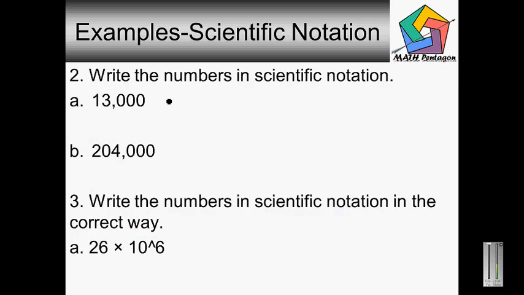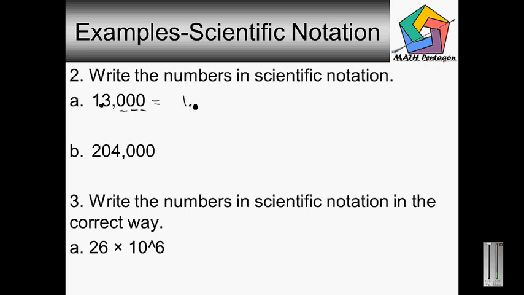Okay, we have directions that are telling us write the numbers in scientific notation. So we have 13,000. So we have 3 zeros, and we want to put a decimal point between the 1 and the 3.